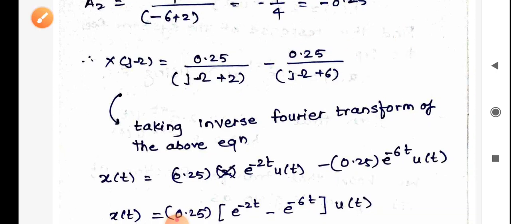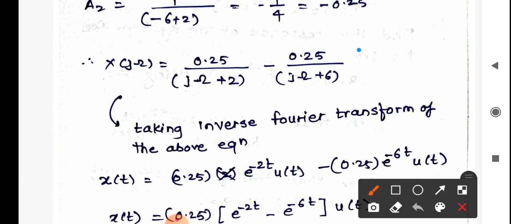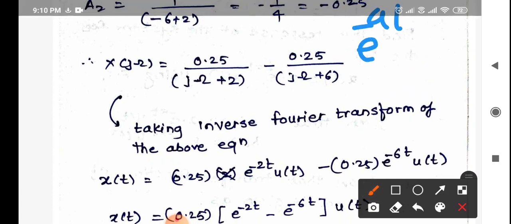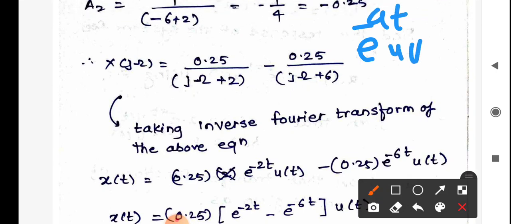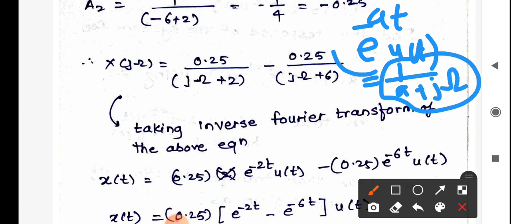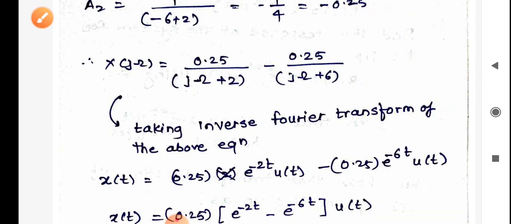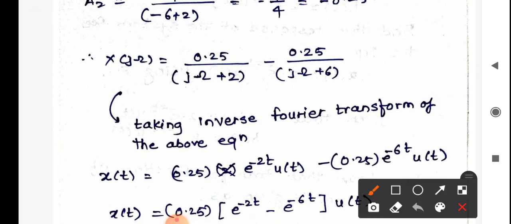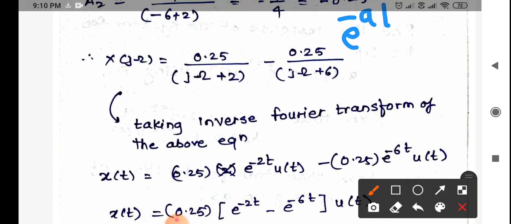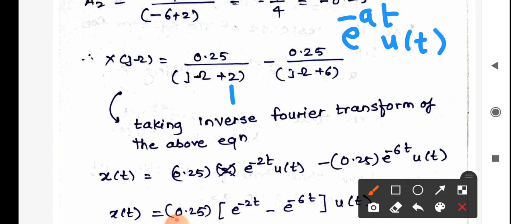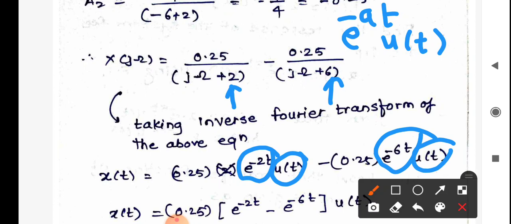I know that e raised to minus at u of t has a Fourier transform 1 upon a plus j omega. So whenever I come across this equation, I can easily write its inverse Fourier transform in terms of e raised to minus at u of t. Here a is 2, here a is 6. That's why it is e raised to minus 2t u of t, e raised to minus 6t u of t. In this case, this factor was constant, that is written here.